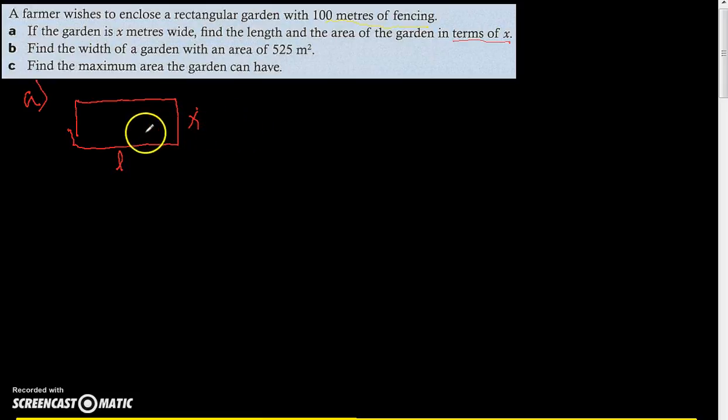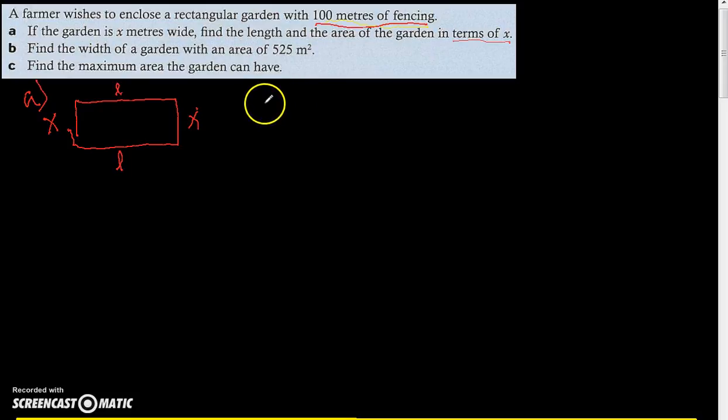Then this is my garden, and they want us to find the length and the area of the garden in terms of x. If this is L, that would also be L, because the top and bottom must be the same. And if this is x, then this will also be x. And I have a total of 100 meters of fence to build this garden right there.